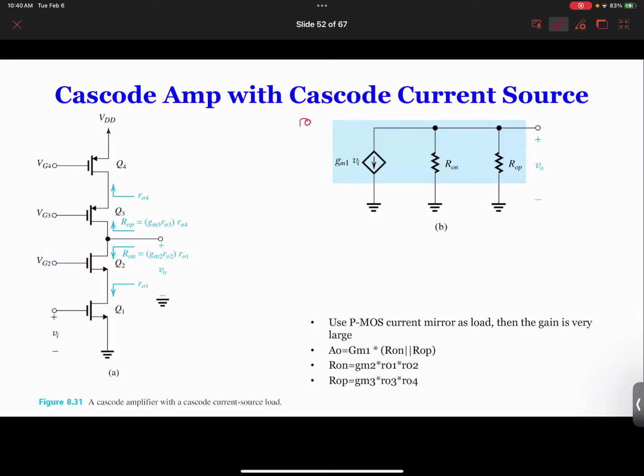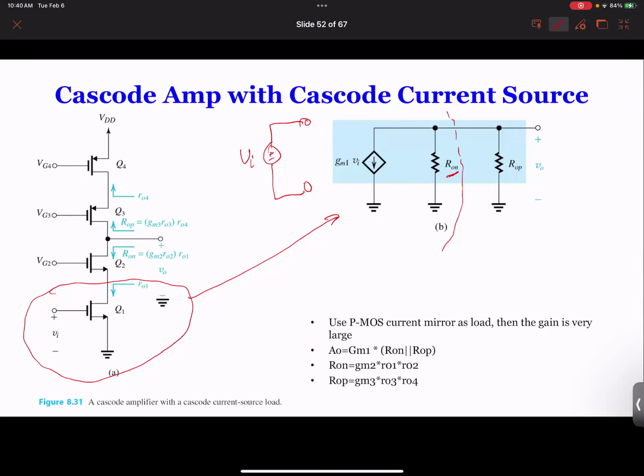So this is your input, Vi, and your output equivalent circuit of that amplifier. This is your amplifier, with GM1 times Vi as the equivalent amplification, and you have RON, which is the load resistance looking into Q1 plus Q2.